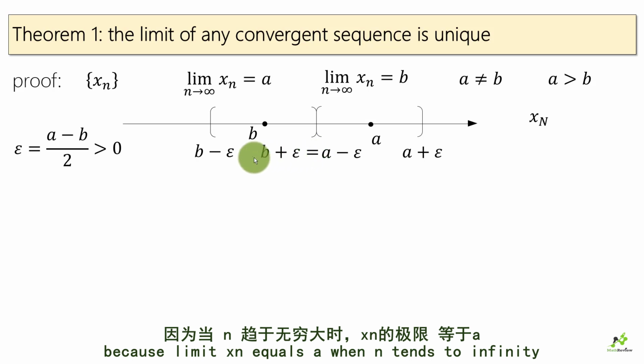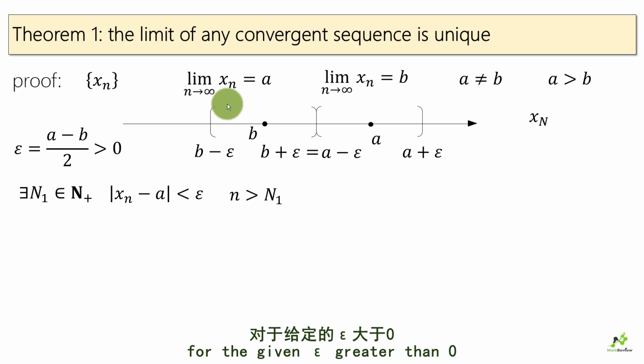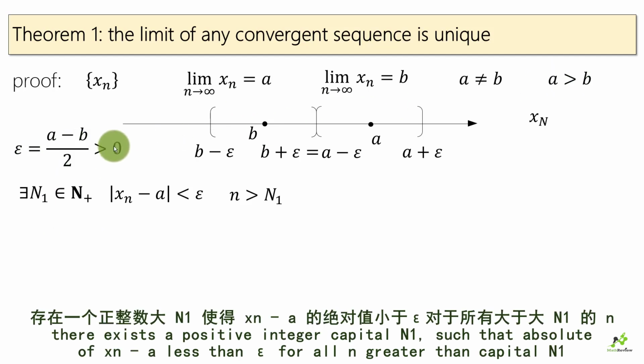Because limit of xn equals a when n tends to infinity, by the definition of a limit, for the given epsilon greater than 0, we have supposed a is greater than b, there exists a positive integer capital N1 such that absolute value of xn minus a is less than epsilon for all n greater than capital N1.